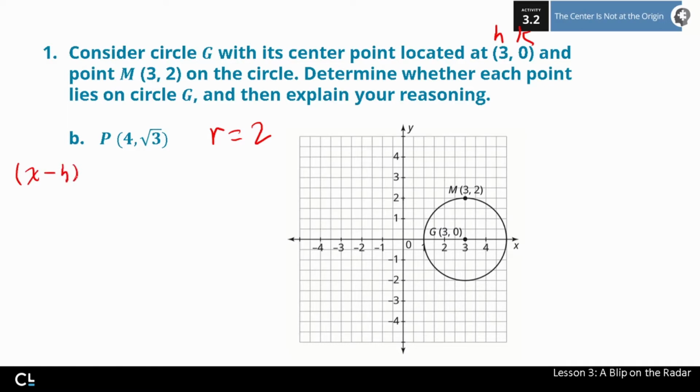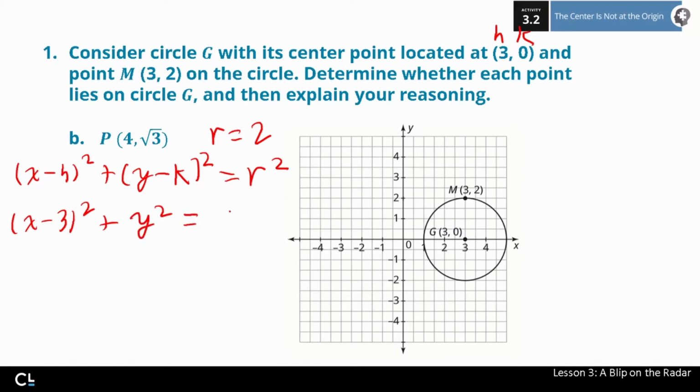X minus H squared plus Y minus K squared equals R squared. So when we plug in our H and our K, we get X minus 3 squared plus, since our K is 0, this is just going to be Y squared equals 2 squared, which gives me 4. So now this is our equation for this specific circle.